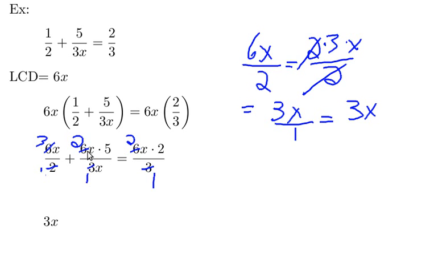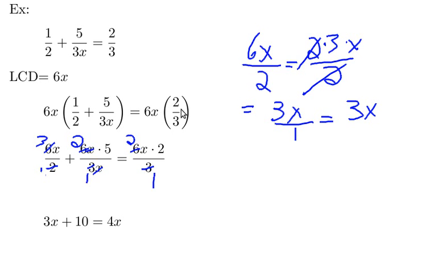Oh, and the x's cancel. I forgot to cancel these x's. So 3x plus 10, because 2 times 5, everything else is canceled, equals, and then 2 times 2 times x will give us 4x. So we have 3x plus 10 equals 4x.